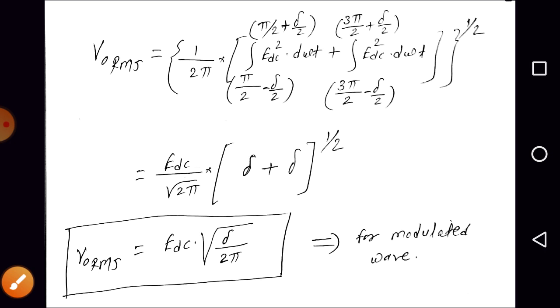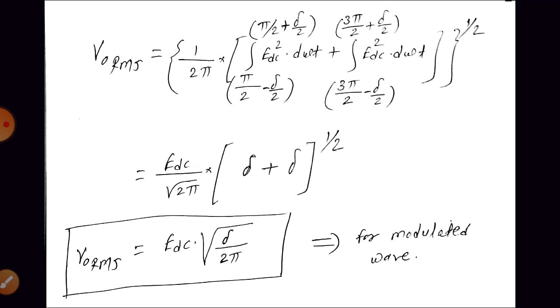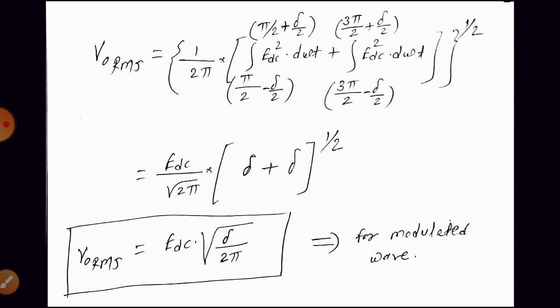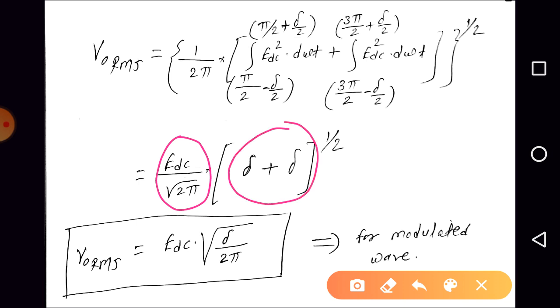Okay, next. So further simplifying it, we can take EDC square by 2 pi common, taking outside of the power 1 by 2, it is like EDC by root 2 pi, right? Into, after putting the limits, we will be getting delta plus delta, right?